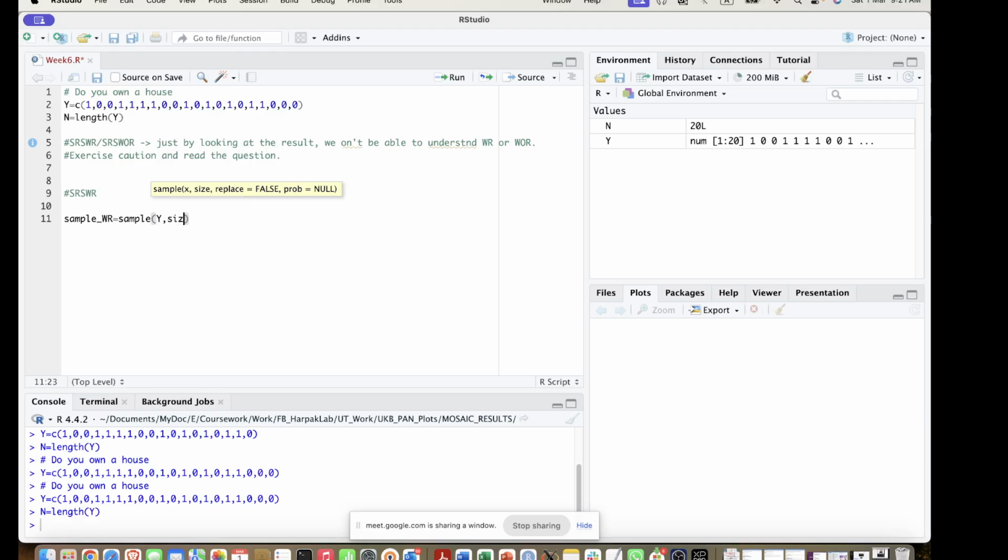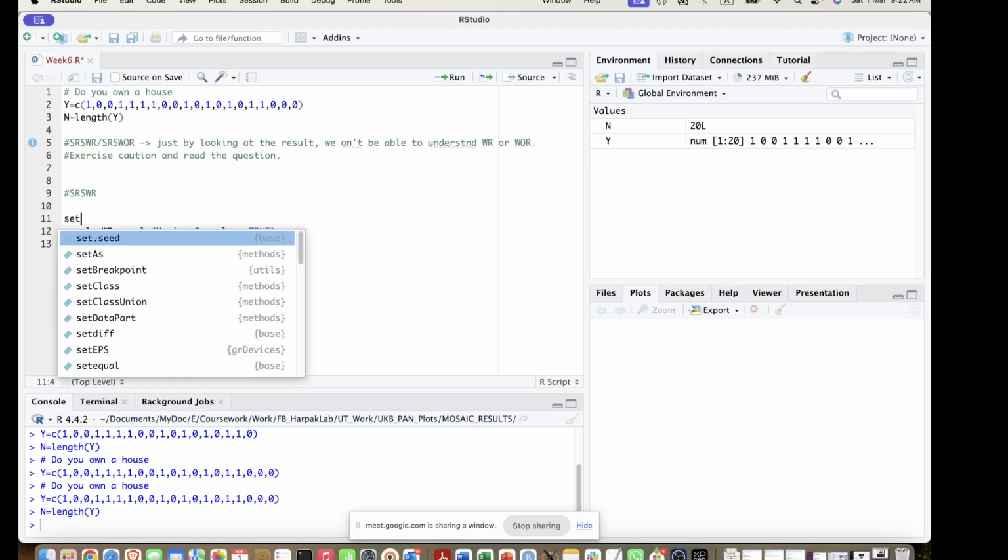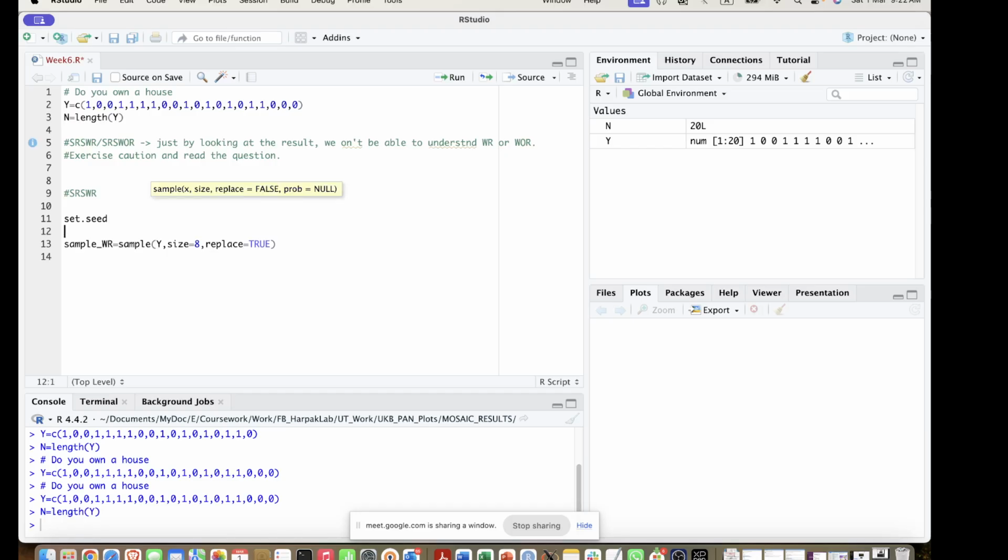So I'm going to write size equal to 8, replace equal to true, and I'll set a seed so that I get the same answer every time this is run. So I save it as 1 2 3 4, and I also draw another sample, but that should be WOR. So here replace equal to false. So I'm going to run this together.